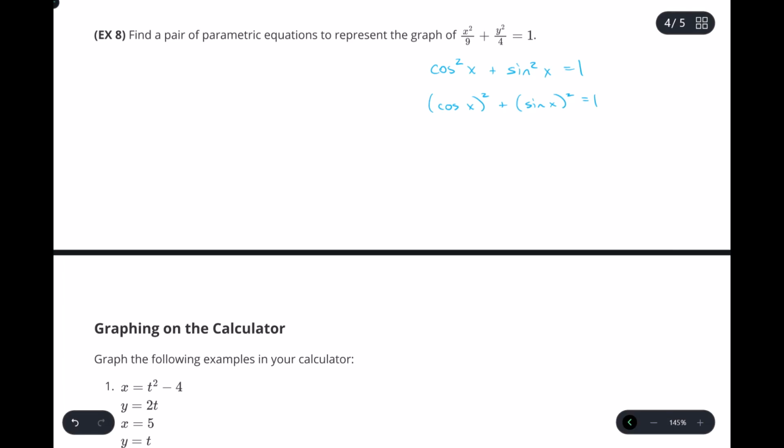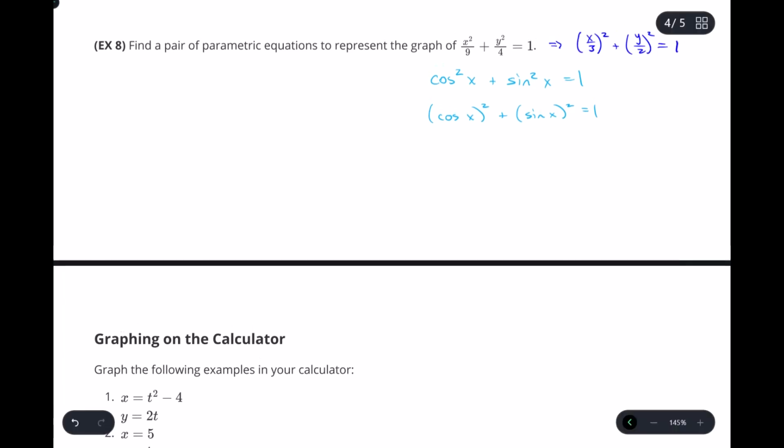Now this might take a second to sink in, but you really can do this. So I have two things squared and added, and that's equal to 1. In my equation, I really do have two things squared and added, and that's equal to 1.